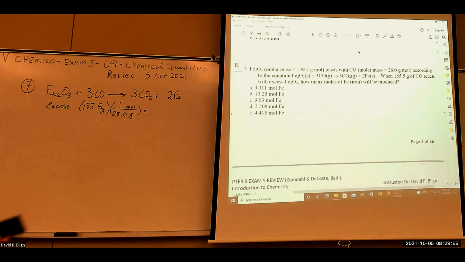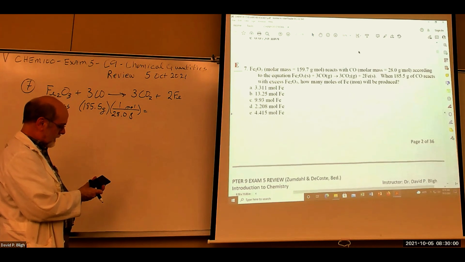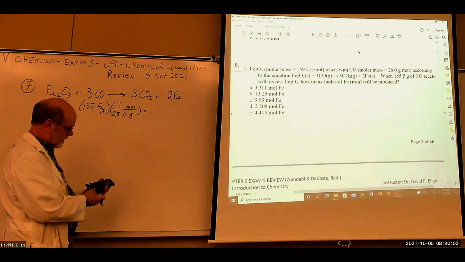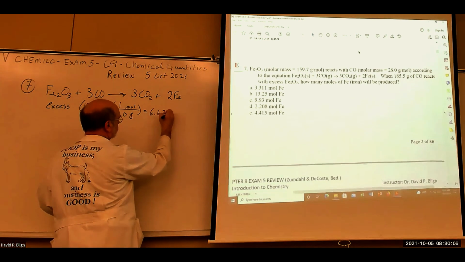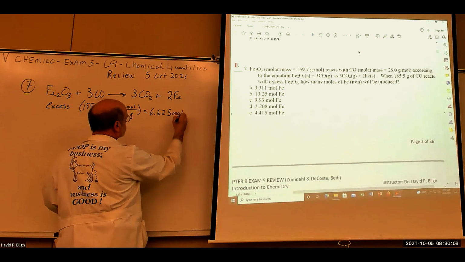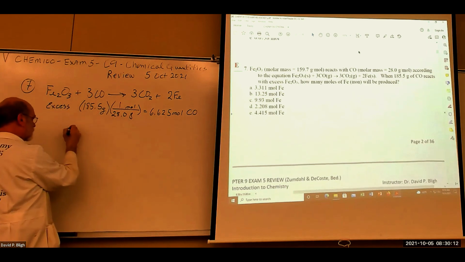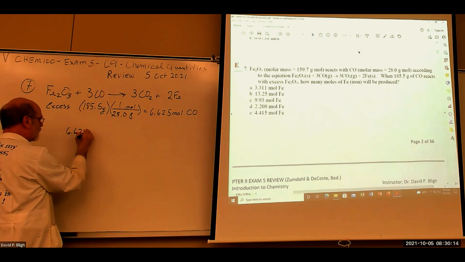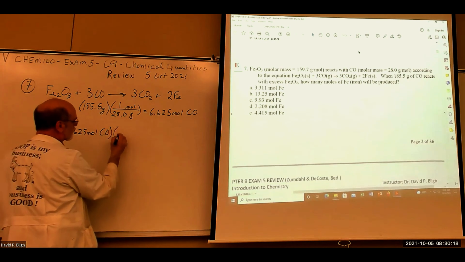If I do this calculation, 185.5 divided by 28, I get 6.625 moles of carbon monoxide.